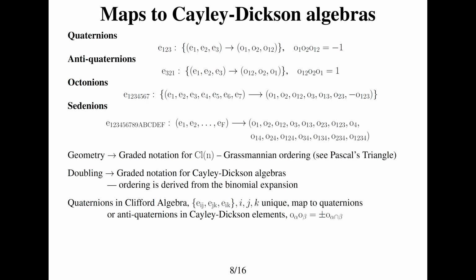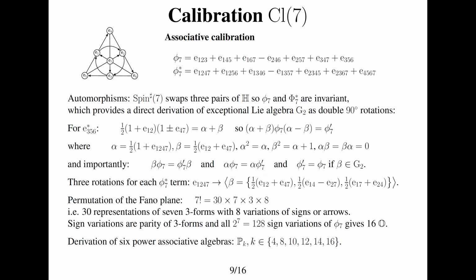So, starting with the full analysis of the calibration for 7 dimensions, here's the calibration. Notice that the middle term is negative, because when you map that to Cayley-Dickson, that would be an anti-quaternion. Under the mapping that we defined above, we should put in a minus sign there to turn it into a quaternion. So we have 7 quaternions.